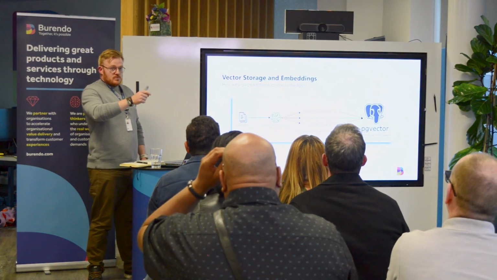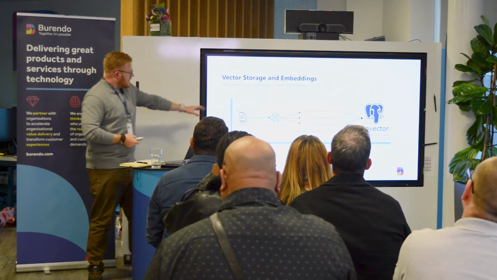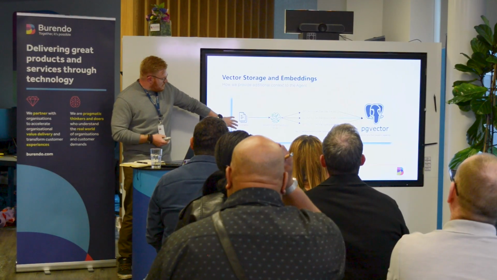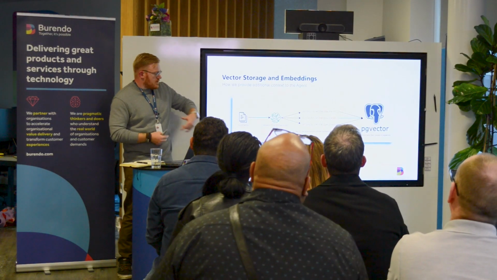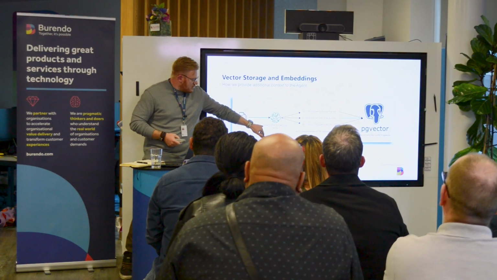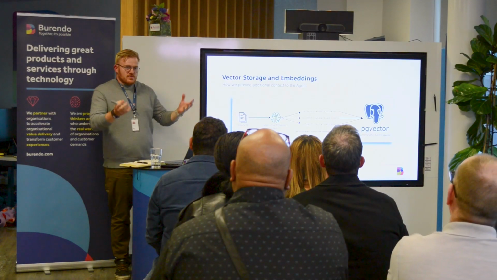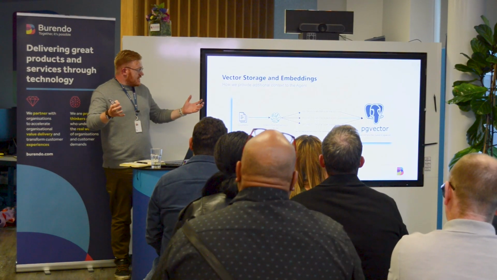And coming back to your point earlier, how do we handle vector storage and embeddings? So at the moment, if you upload a document via the API, it will first be sent to Amazon Titan embeddings, which will chunk up that document and turn it into vectors.